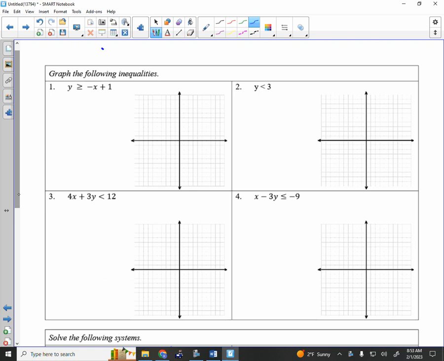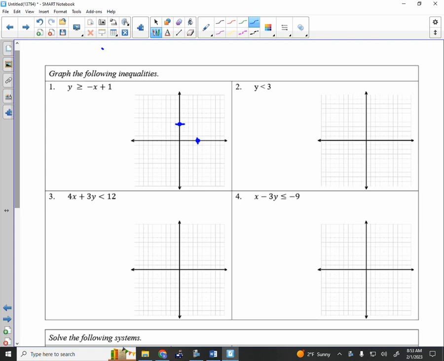This one is nice and easy. I have a y-intercept of 1, so I plot 1. What is my slope? Negative 1. So I go down 1 and over 1. I have 2 points. Will this be a solid line or a dashed line?